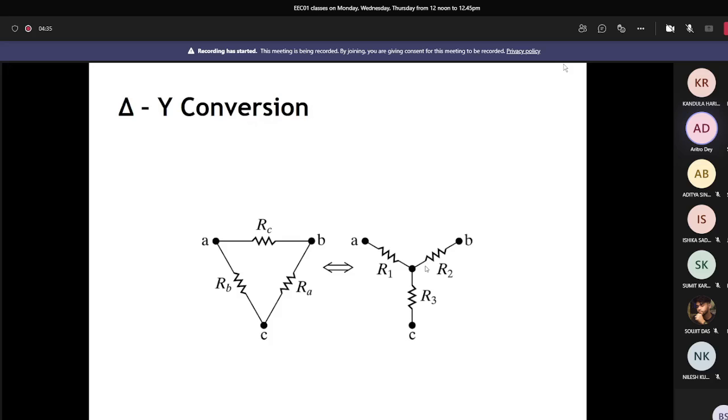So for that we'll be using this conversion, and we have to go for the proof for it. First we have to prove how we can relate R1 with RC, RB and RA, and similarly the other way around. If you want to convert from delta to star, what is the approach? From star to delta, what is the approach? Once you get the formula, the relation between these, you can directly apply it during network reduction.